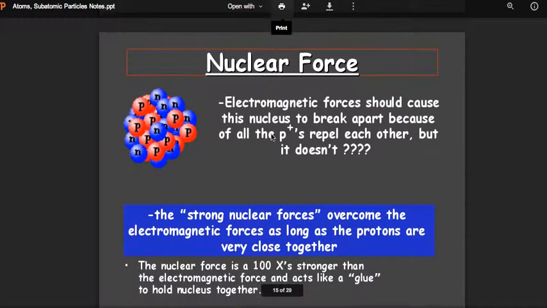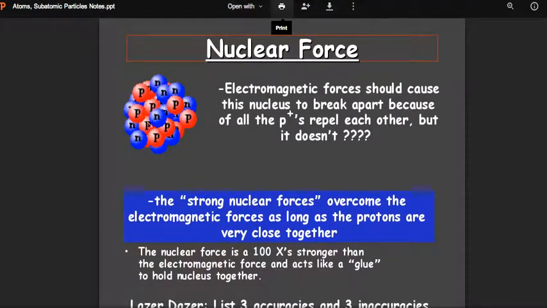However, then you look inside the nucleus and you would say, well, if that's true, you have all these protons and they're all positive, they should be repelling each other and busting apart. But it falls under a category of nuclear force, which says that if the protons are very, very close to each other, they'll create a strong nuclear force, which acts like a glue.